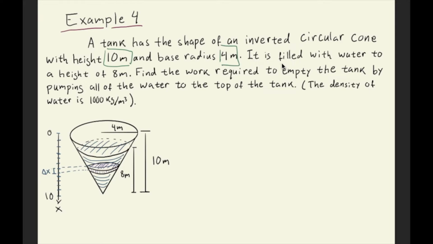It is filled with water to a height of 8 meters. Find the work required to empty this tank by pumping all of the water to the top of the tank. The density of water is 1,000 kilos per meter cubed. We're also going to need to use the acceleration of gravity again, which is 9.8 meters per second squared.